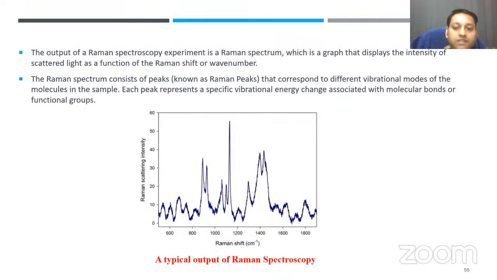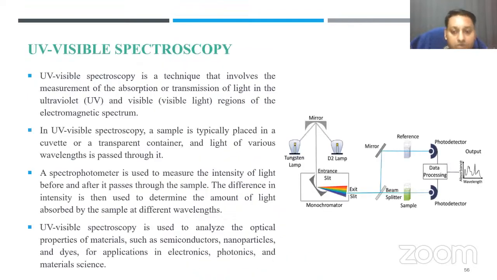This is extremely important for chemical analysis and understanding molecular bond formation. So for understanding the electronic level or molecular level bonding formation, we can detect using Raman spectroscopy.